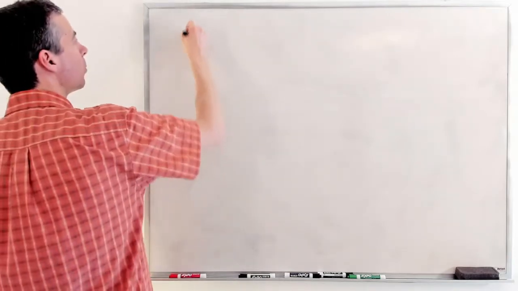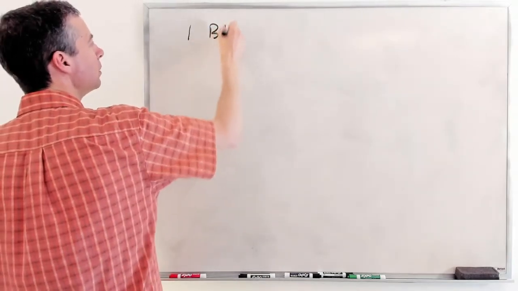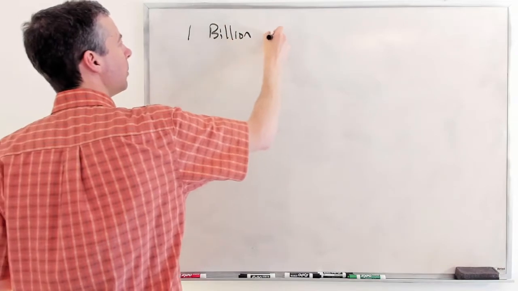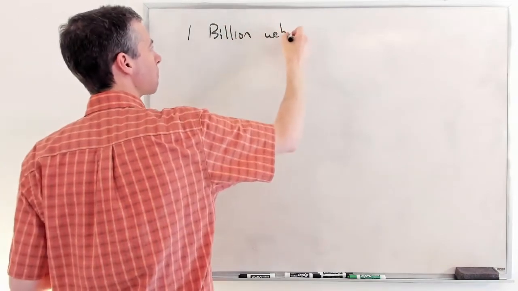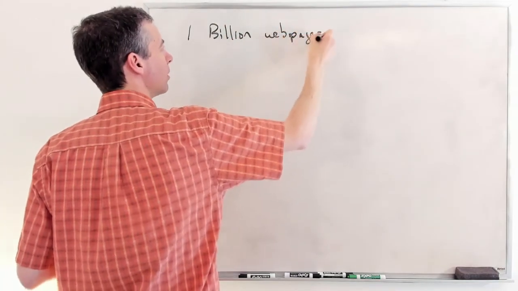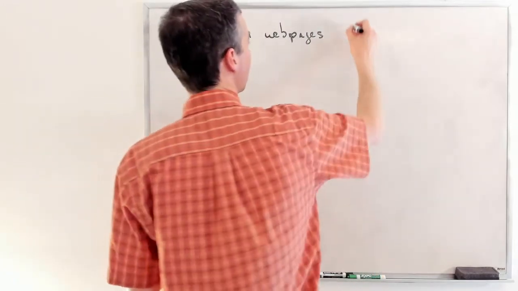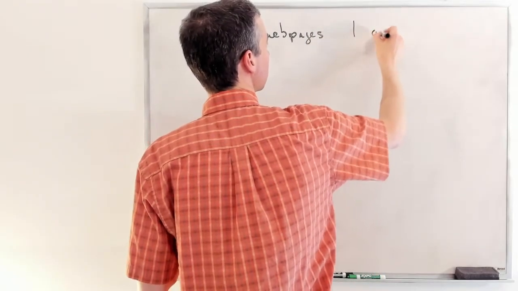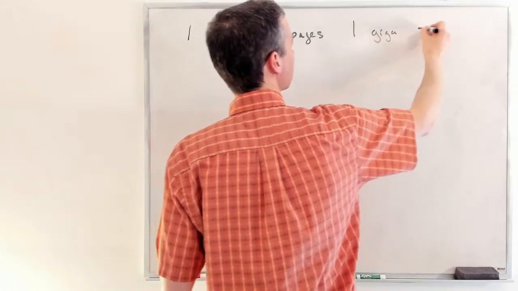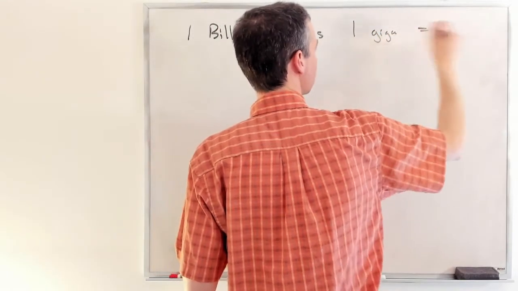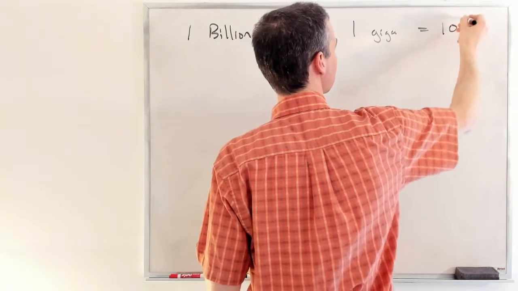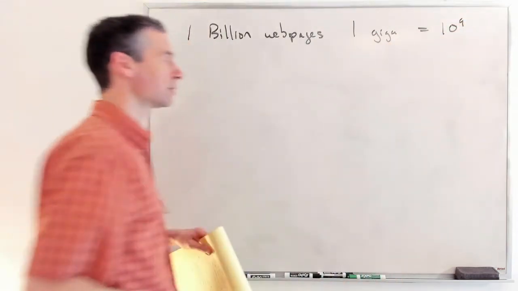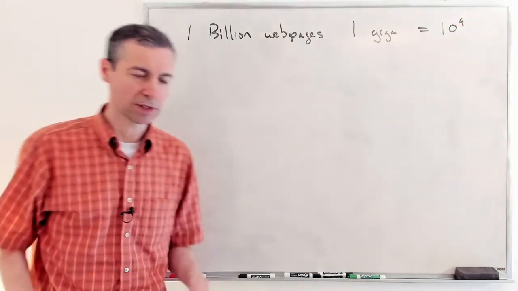If you had 1 billion web pages, as you know, that's one giga. That's 10 to the 9. All right, so that's what billions are, is giga. So you have a giga of these things.